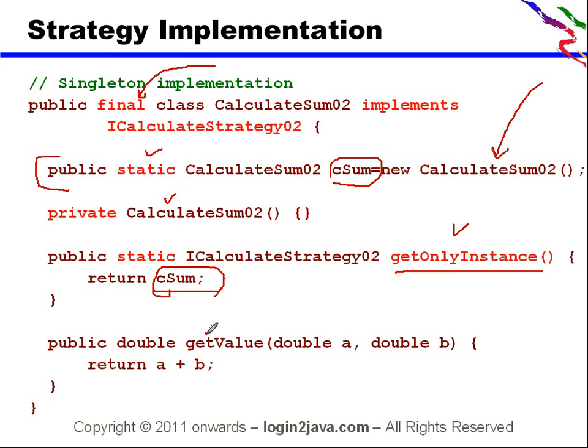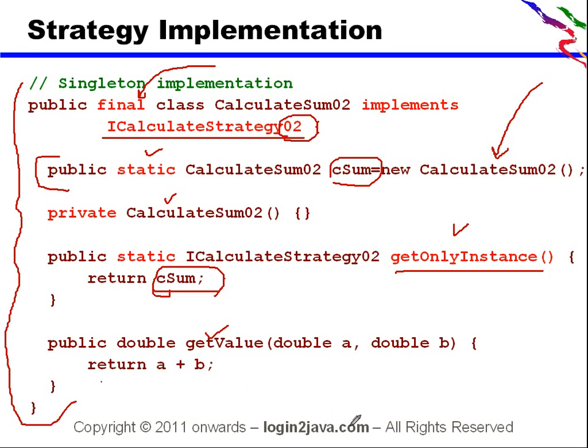And here is the getValue method. That is the concrete implementation of ICalculateStrategy02. 02 is used for our second example. So we are implementing the same strategy. So we have created concrete strategies as a singleton class.